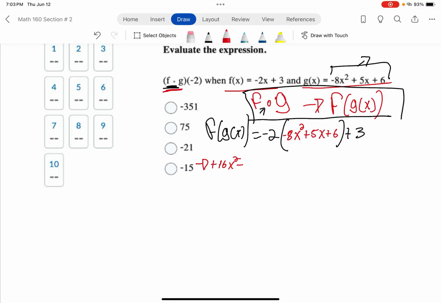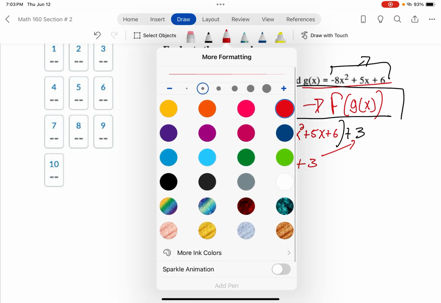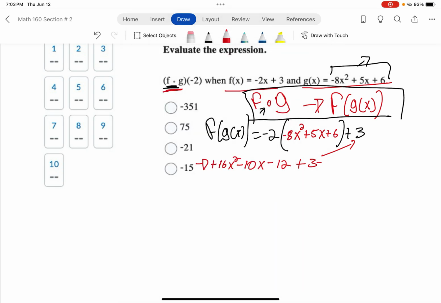Then minus 2 times positive 5x will be minus 10x. And at the end, minus 2 times positive 6 will be minus 12. And then plus 3, the 3 which is outside. I will continue, I will combine like terms, numbers with numbers and variables with variables.